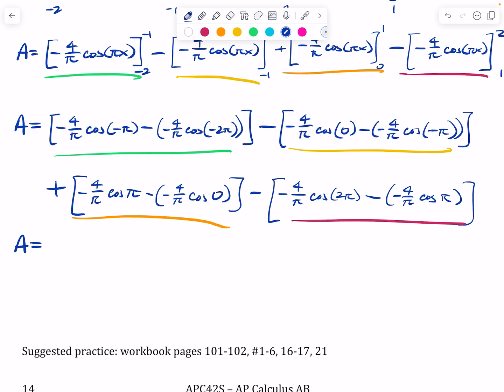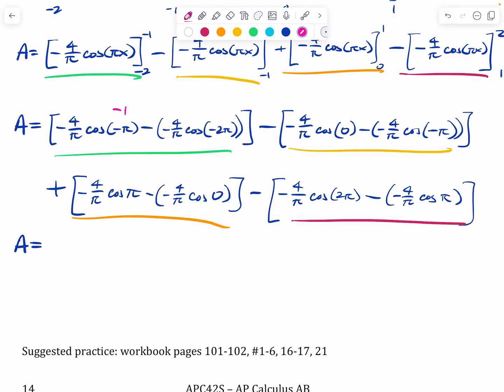So we can use that to fill things in here if we want. Are there things we can cancel out here? Not immediately seeing it. So let's just work it out. Cos of negative pi is negative 1, if I'm not mistaken.